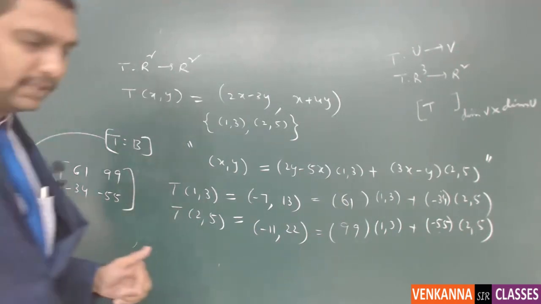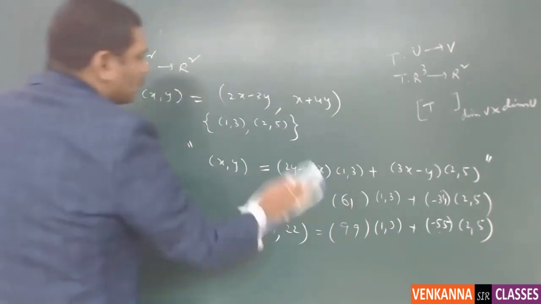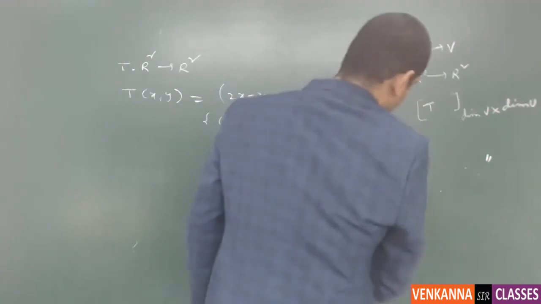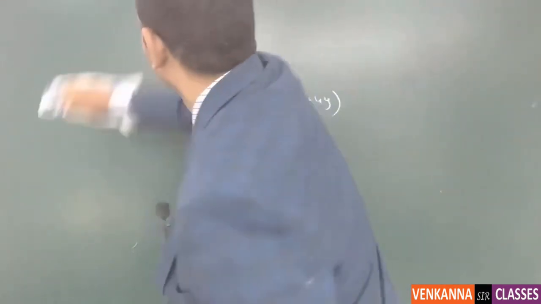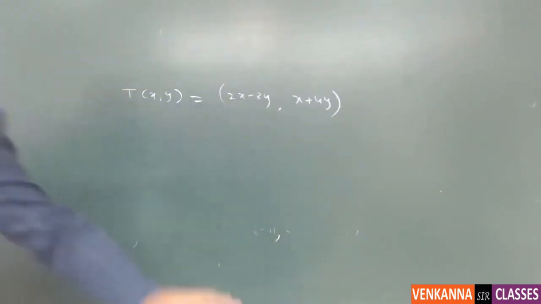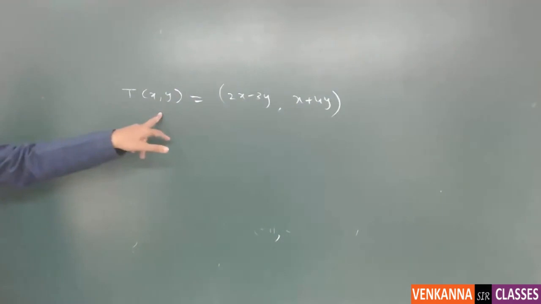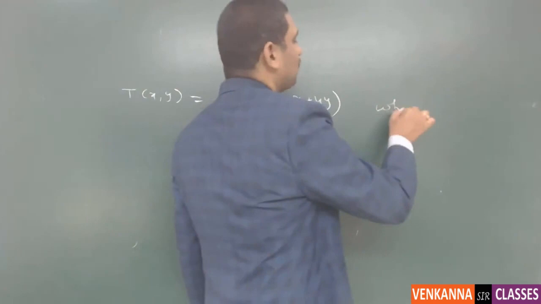I will say one simple thing. Suppose I have given a question that this is my function T of (x,y) from R² to R², and without giving a new basis, I simply ask what is the matrix of T?